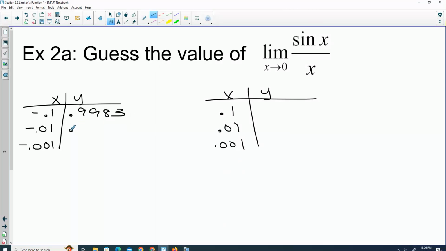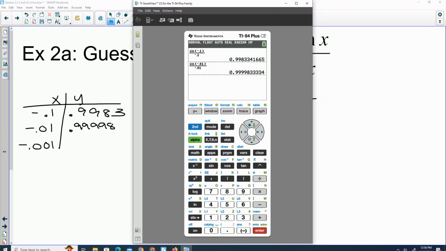I did something wrong. Oh, it was point ones. That's wrong. So if I did it again with my negative 0.001, we get a lot of 9s.